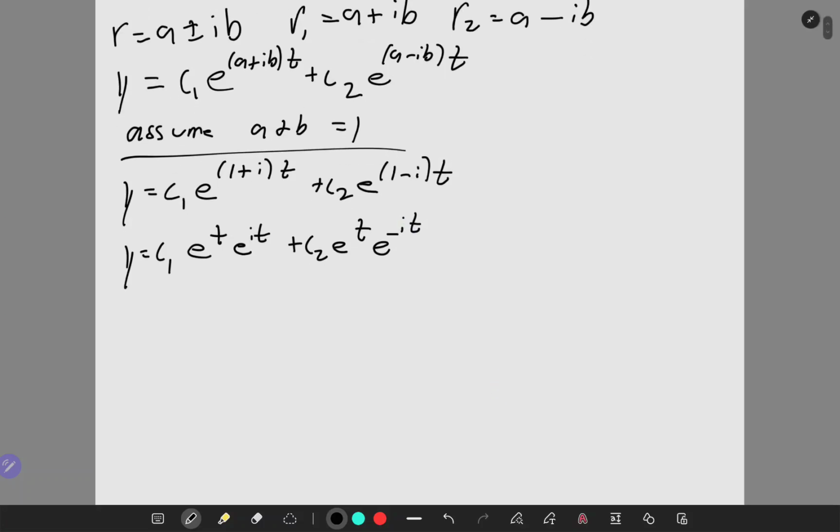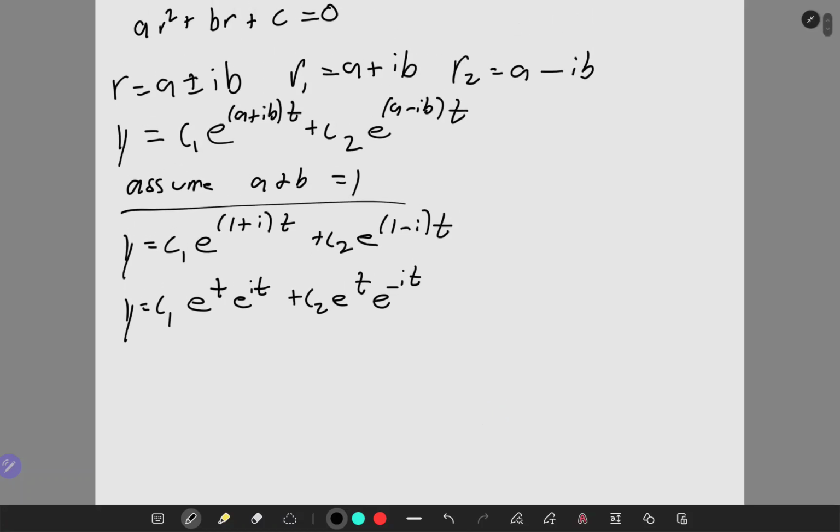You should always rewrite it like this, because Euler's formula is only going to apply to the second half, the imaginary half of these equations here. Euler's formula only applies to this second imaginary half.